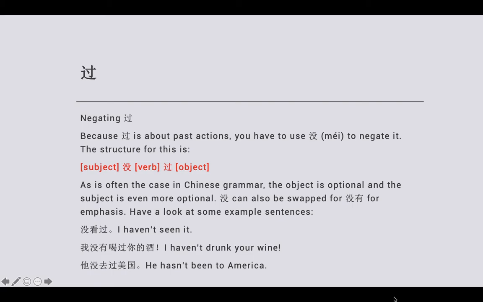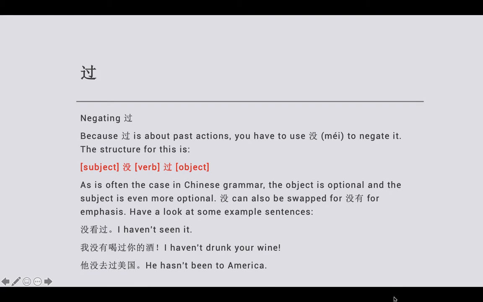As is often the case in Chinese grammar, the object is optional and the subject is sometimes even more optional, because you can simply judge it from the scenario. If it's already explicit, you don't need to mention it anymore. And 没 can also be swapped for 没有 for emphasis. Let's take a look at some example sentences here.